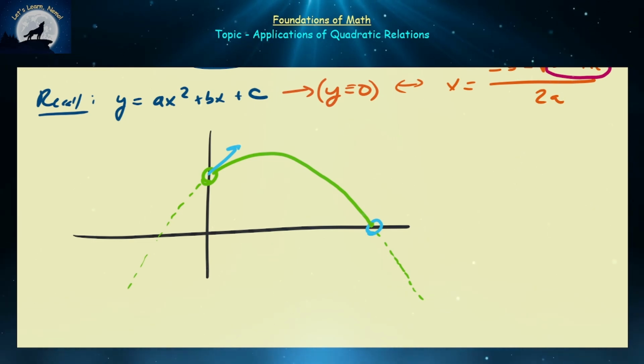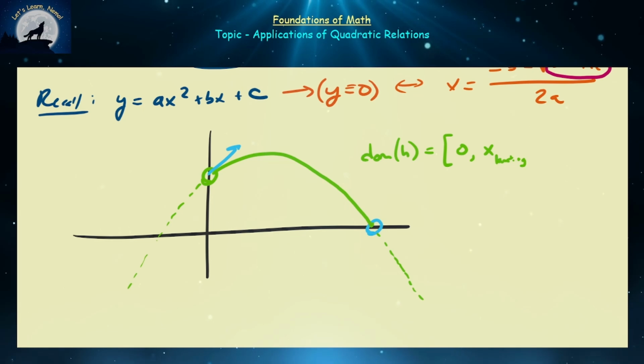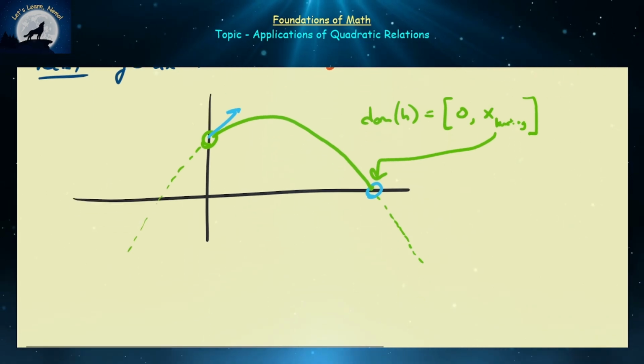So obviously the domain of this particular relation h is going to be 0 to some x landing, let's say. That's when the object is going to land. So that's going to be this particular point right there. Okay, so how are we going to find the x-intercepts? The theoretical x-intercepts, if the domain was chosen to be all real numbers, are going to be located here and here.